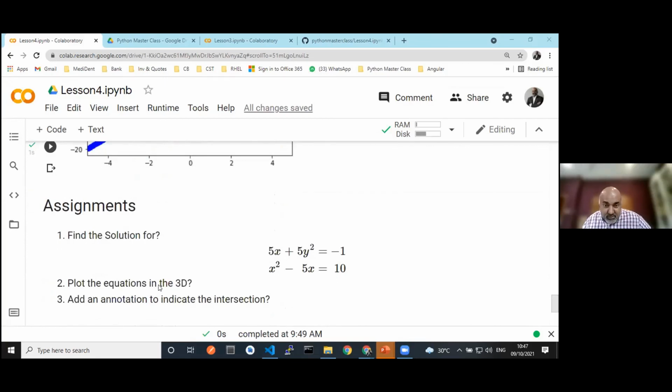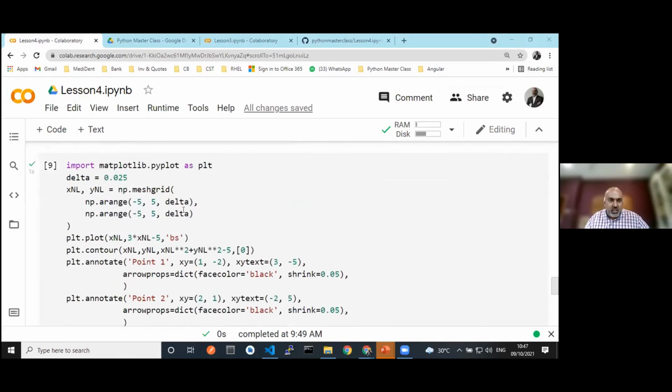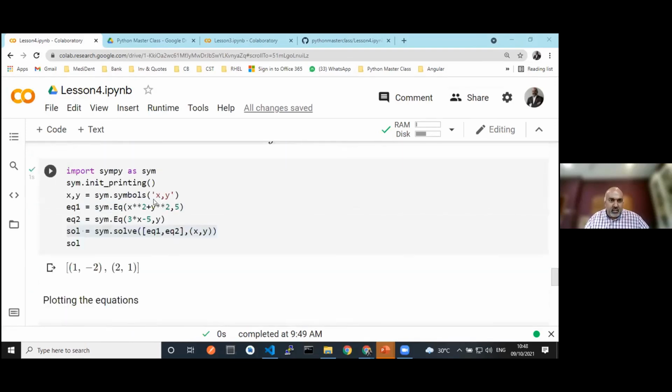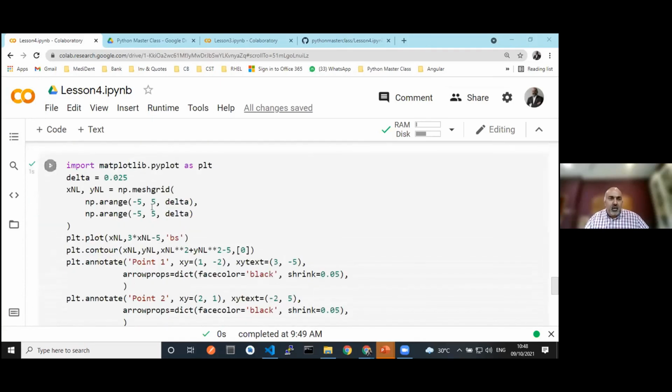I would strongly suggest for you to play around with these equations. All right, try to find some other equation. All you need to do is just change this equation here. You can copy this code and then rewrite it. You can create a new equation, so you can see equation 1, equation 2, and see how it plots.